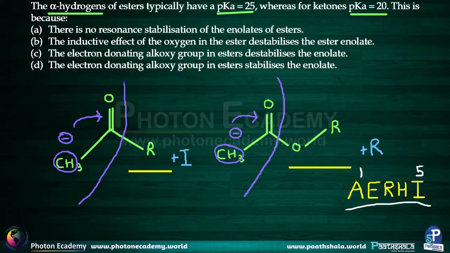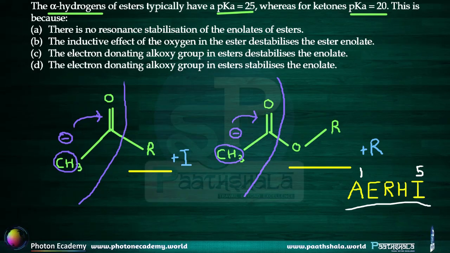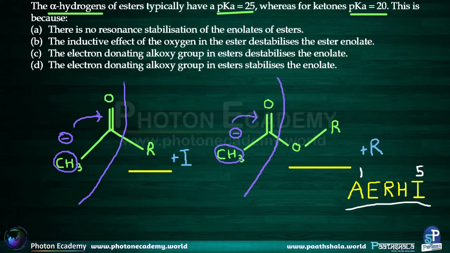Thus, +R effect is much more influential and much stronger as compared to +I effect, and both these effects are electron donating. Both are going to destabilize a carbanion, but here +R is stronger. Therefore, it is going to destabilize the carbanion much more than the +I effect.